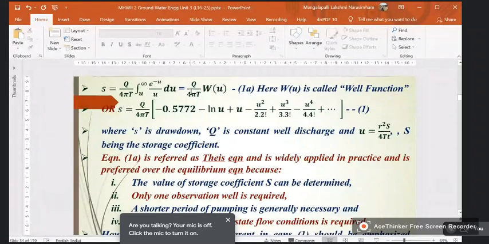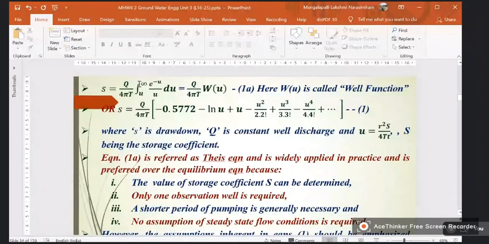And this is given by the entire expression within the integral symbol, which is referred to as the well function. So this is called the well function.